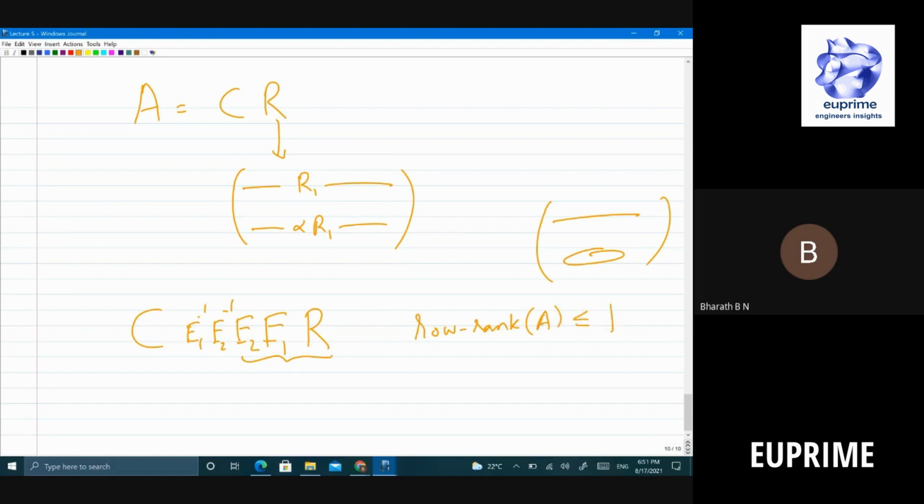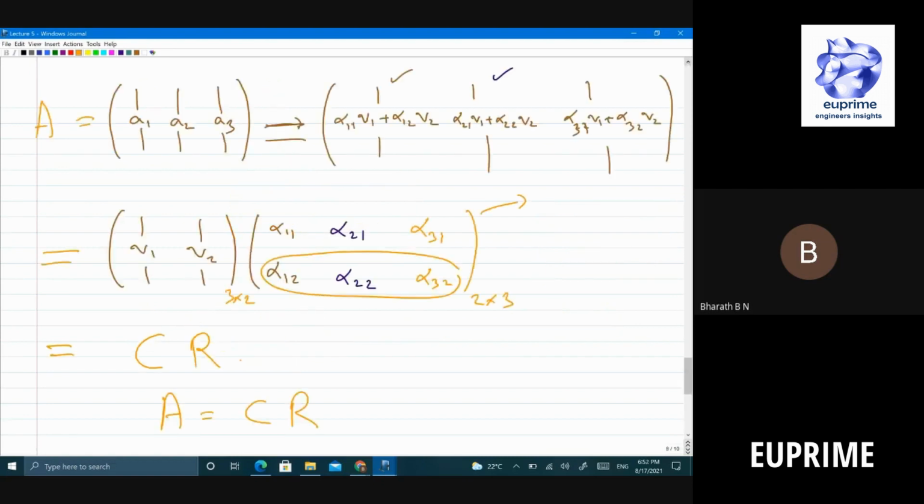It cannot be more than 1. Do you agree? Well, can it happen? But then you are in trouble, right? The column rank of this is 2. Can you have a row rank of 1? It cannot be. I'm just giving an example.